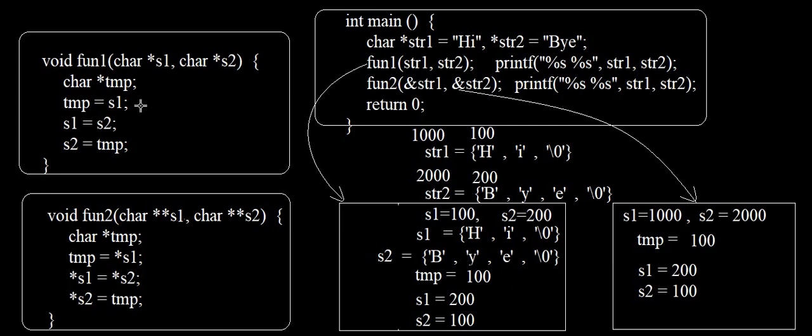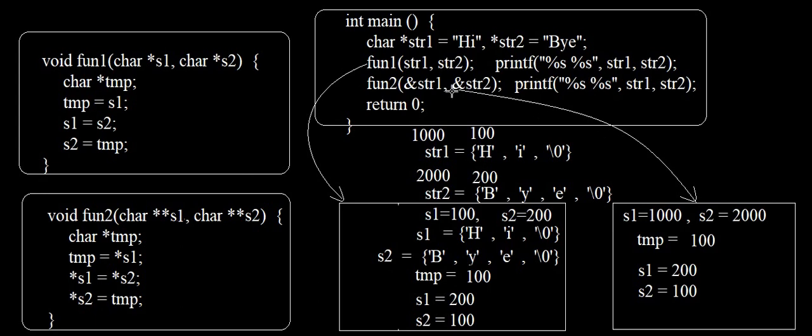Because temporary is assigned with s1 which is 100 here, and s1 is assigned with s2, so s2 is 200, and s2 is again assigned with the temporary which is 100, so it is swapping the strings but in the scope of the block. So here the strings are not affected, str1 and str2 remain the same.